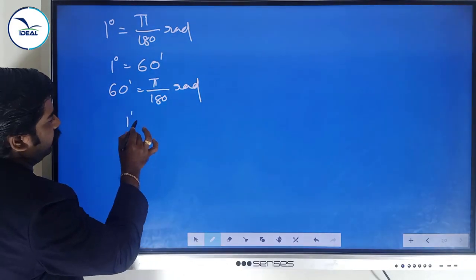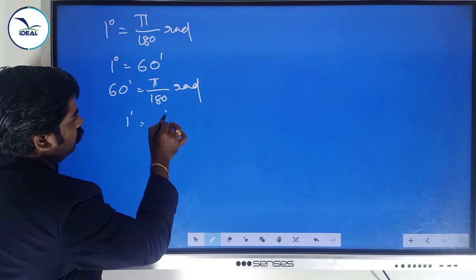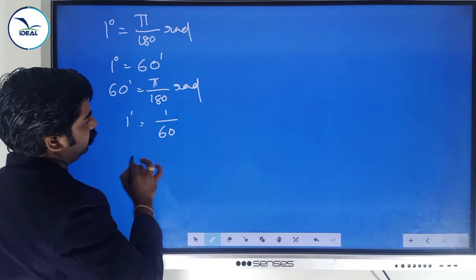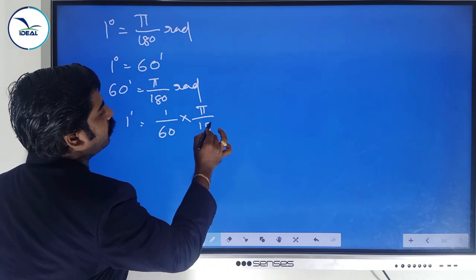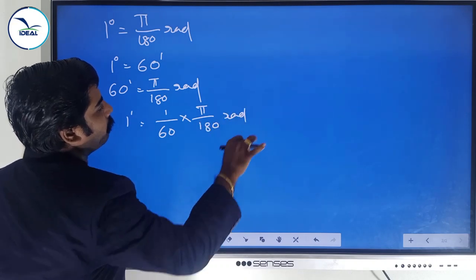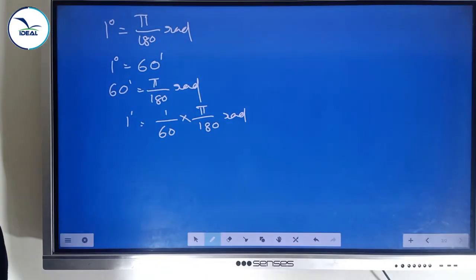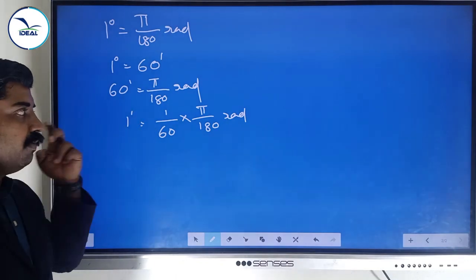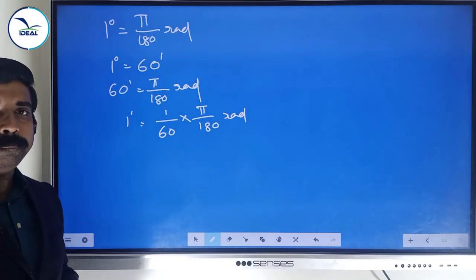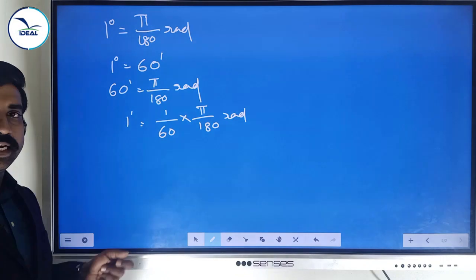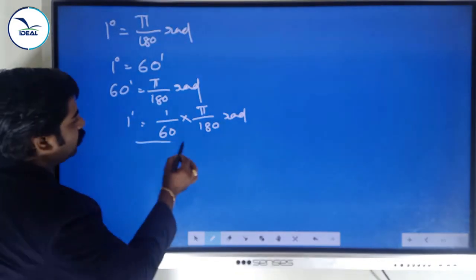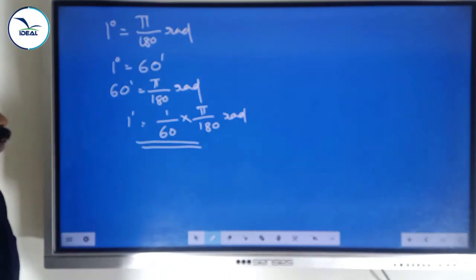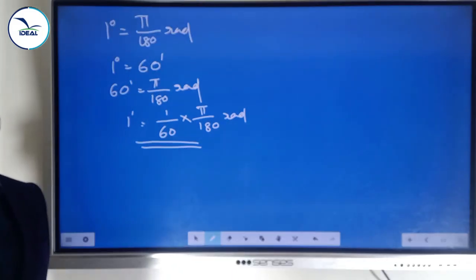So 1 minute is equal to 1 by 60 into pi by 180 radian. You can find the exact value by giving the value for pi and calculating it. So this is the value for 1 minute.